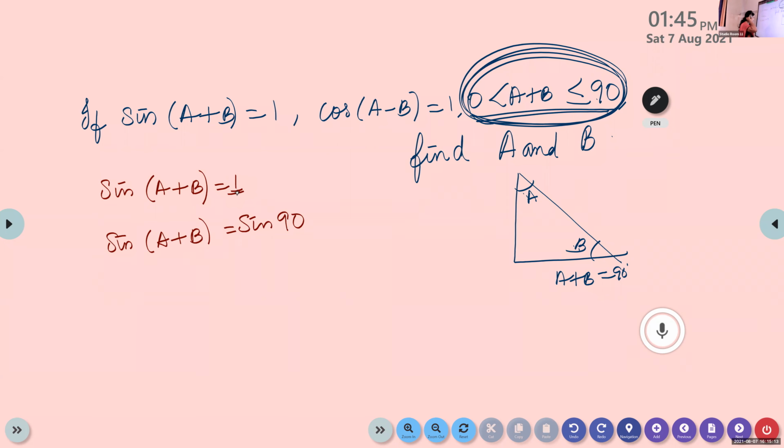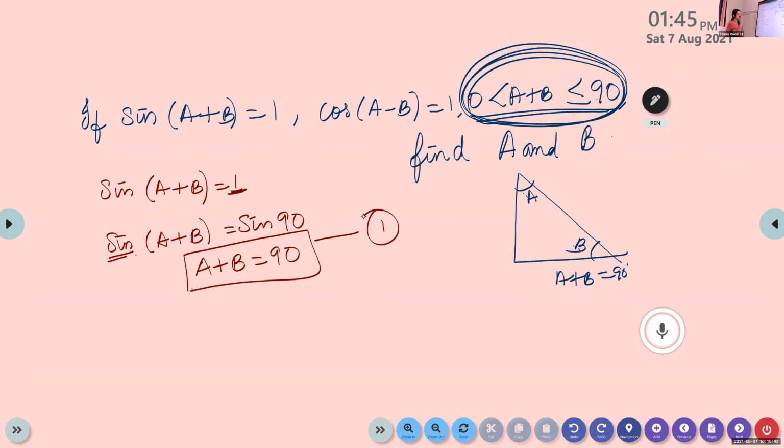In LHS it is sine, so we write 1 in terms of sine: sine 90 is 1. Now compare it. We get a plus b is 90. This is our first equation.